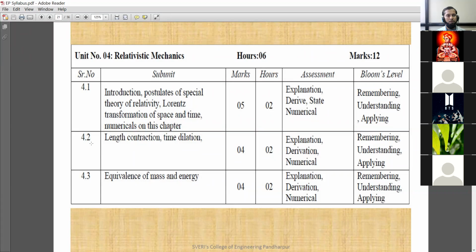Then the next point, 4.2, length contraction and time dilation. Two derivations are there. And afterwards 4.3, equivalence of mass and energy, that is the E equals mc squared derivation. So continue writing. I will just check the attendance.